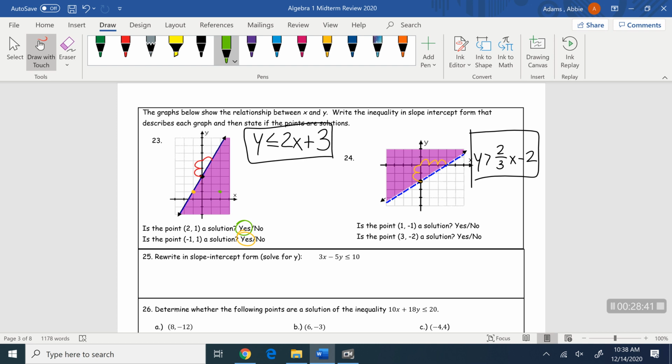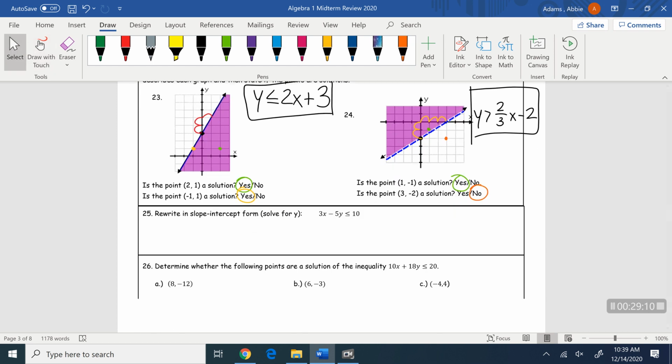If I go right 1, down 1, is this in my shaded region? It is. It doesn't lie on the line, so this is a solution. Now let's look at the point (3, -2). So if I'm going to find (3, -2), I'm going to go right 3, 1, 2, 3, down 2, 1, 2. This lies outside of our shaded region, so it is not a solution.